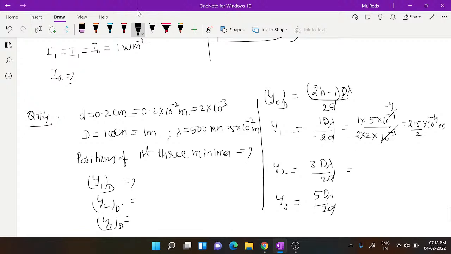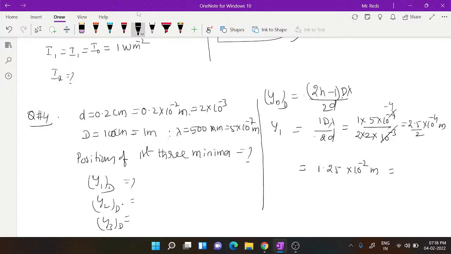So it is equal to 1.25 into 10 power minus 2 meters. It is equal to minus 4 meters, or two decimals.